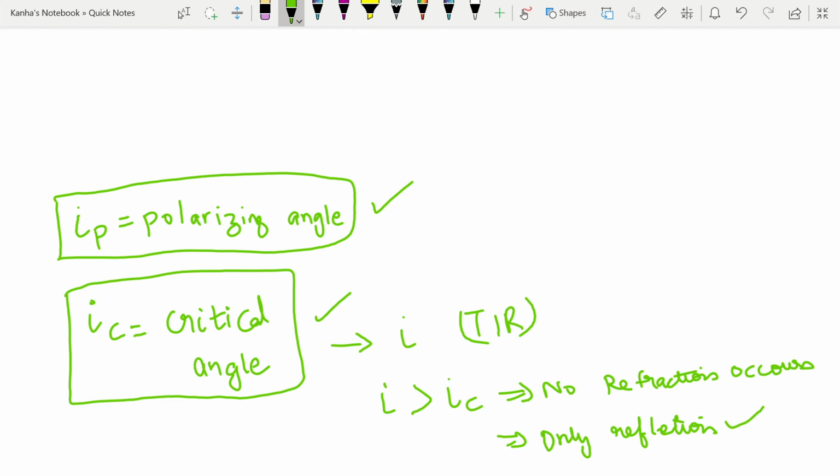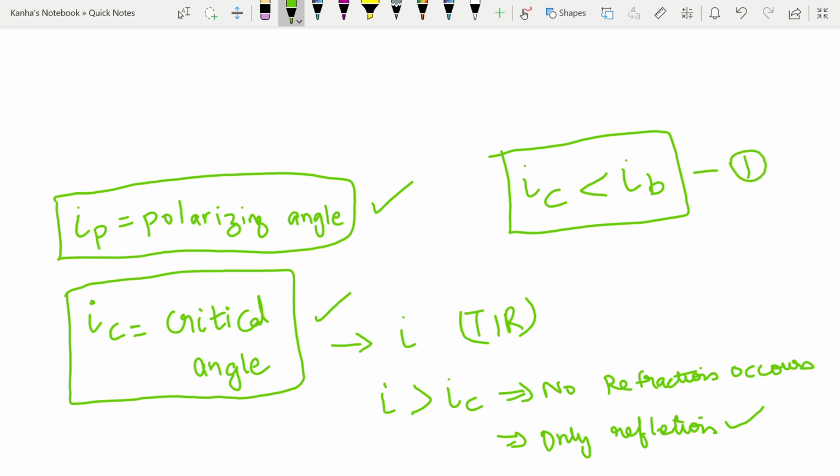Now you should always note that your critical angle IC is always less than your polarizing or your Brewster angle IB. This is something that you should definitely note.